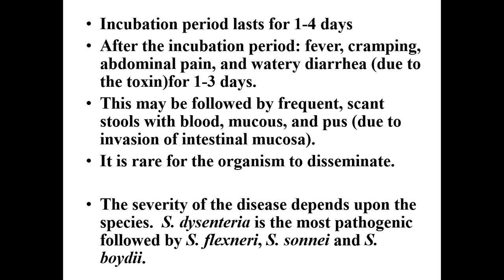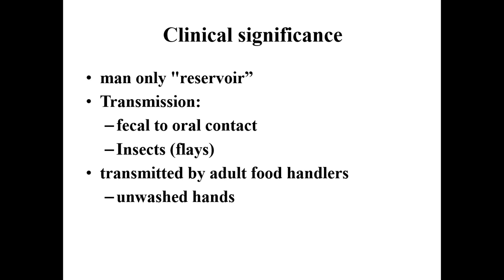The severity of this disease depends upon the species. Shigella dysenteriae is the most pathogenic, followed by flexneri, sonnei, and boydii. Clinical significance: humans only. The reservoir is humans; transmission is by fecal-oral contact, insects, and adult food handlers, unwashed hands.